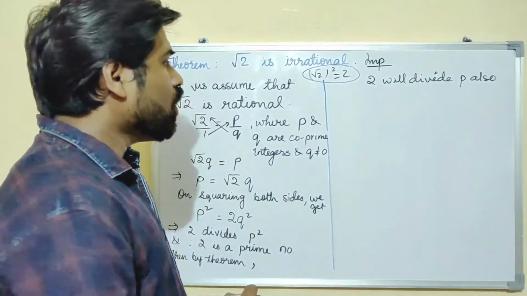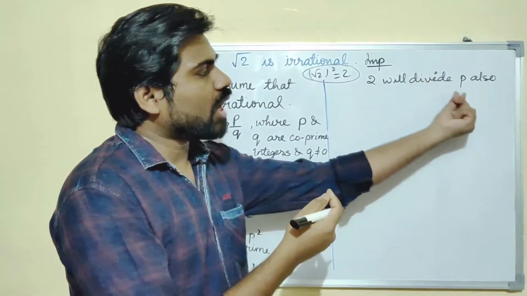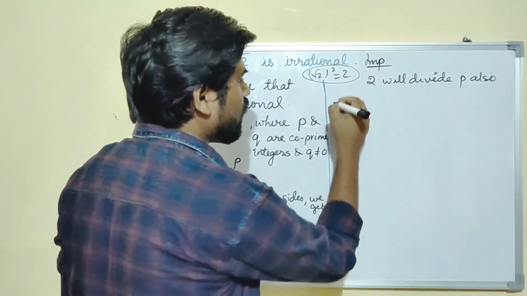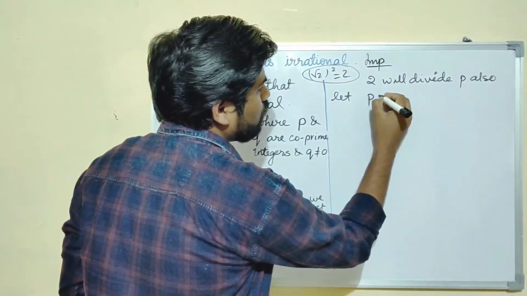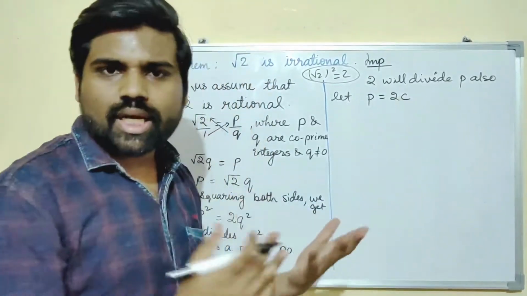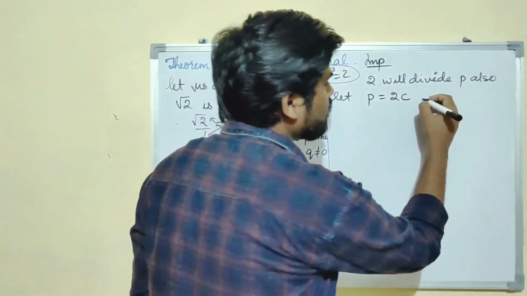Now since 2 is a factor of p, we can write, let p equal to 2c, where c is some integer.